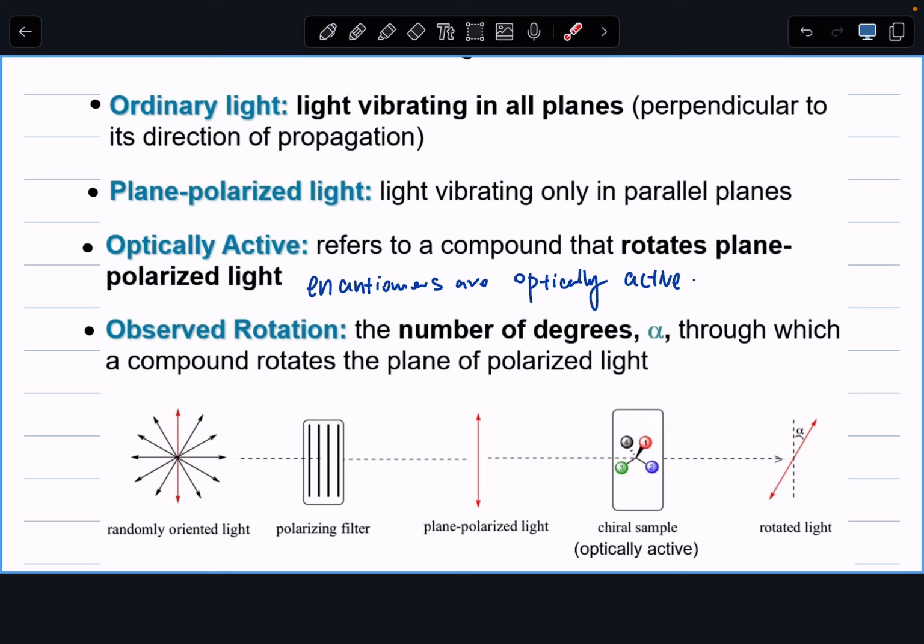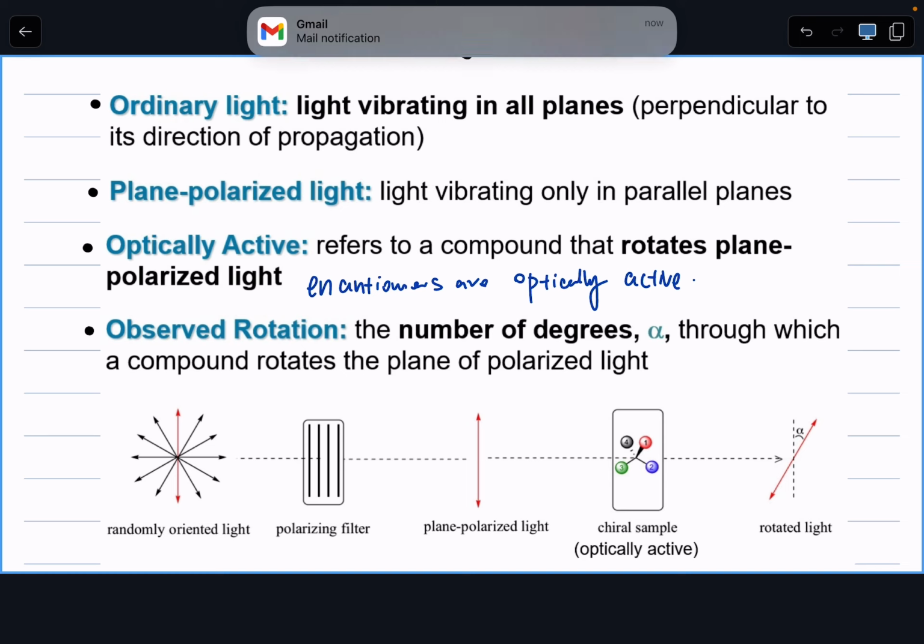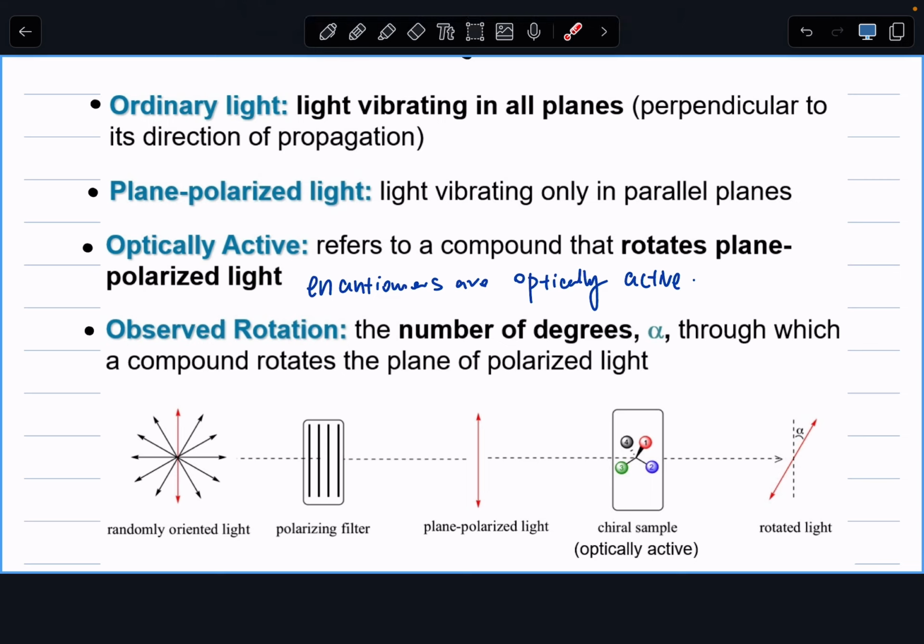And in here, after the plane polarized light meets the optically active chiral molecule, the light will be tilted, or there's a rotation of the light. And we can measure the amount of the rotation. That gives us an idea about what's in our sample, how much of these optically active molecules are there.